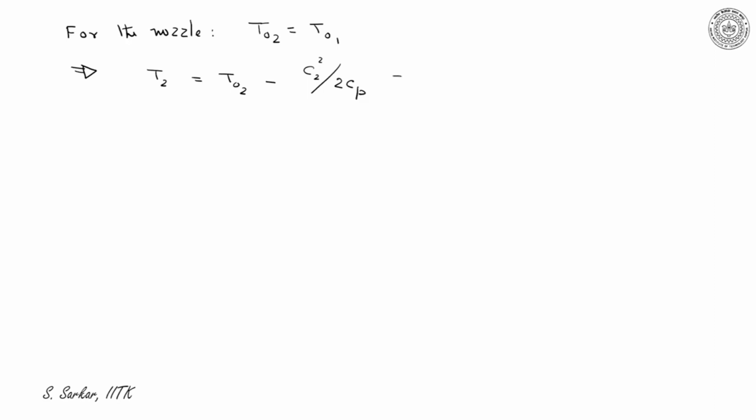As T02 equals T01, I can write 1100 minus C2, which I have calculated as 520, squared, divided by twice into 1148. After evaluating, I got T2 as 982 Kelvin.